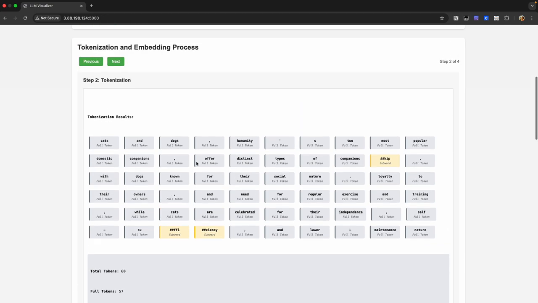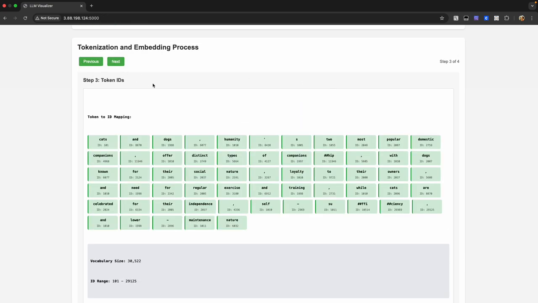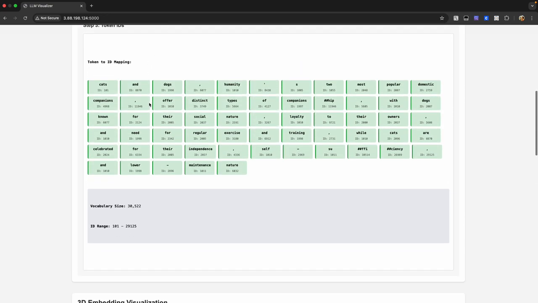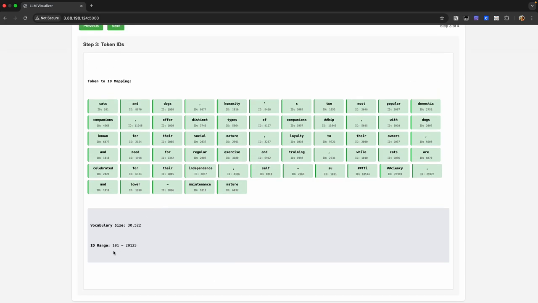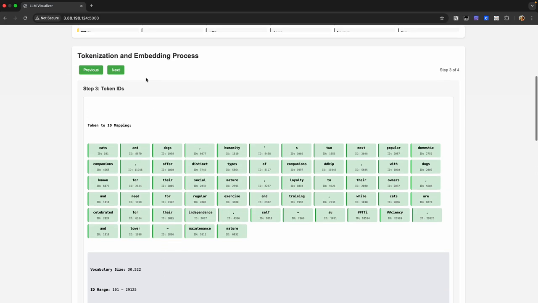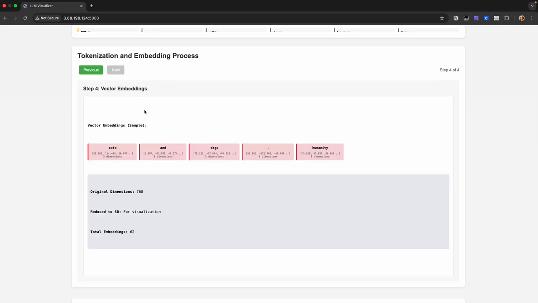Each of these tokens gets a unique ID, and then the model converts these tokens into high dimensional vectors. This is the unique ID that we got, and the IDs range from 1012 to 29,125. If I go to the next tab, I can see the vector embeddings.